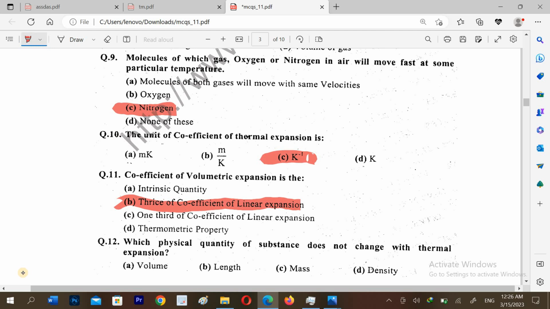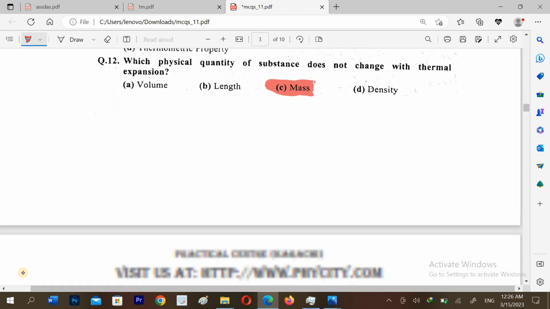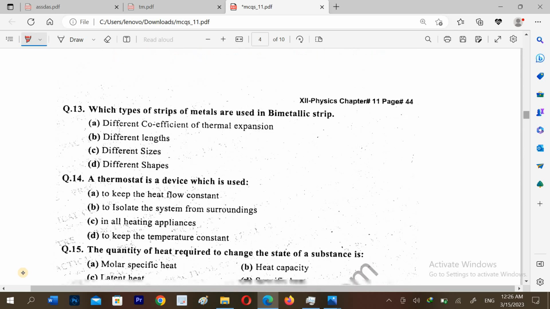Which physical quantity of substance does not change with thermal expansion? C. Which types of strips of metals are used in bimetallic strip?